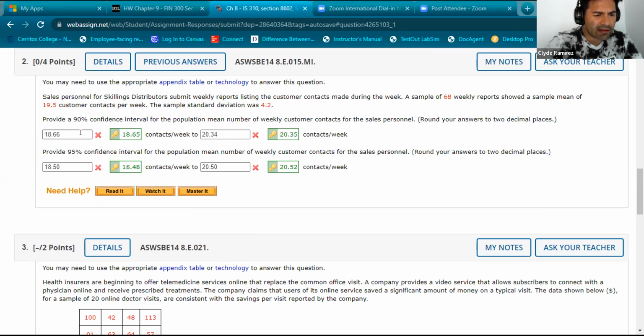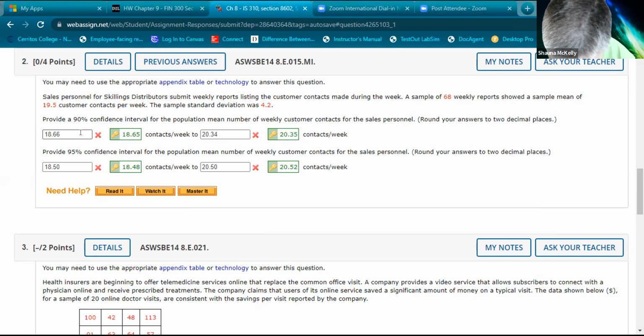Stat, test, z-test, and I see input data. It says there's a mu0 equals 1,000. Leave that alone.